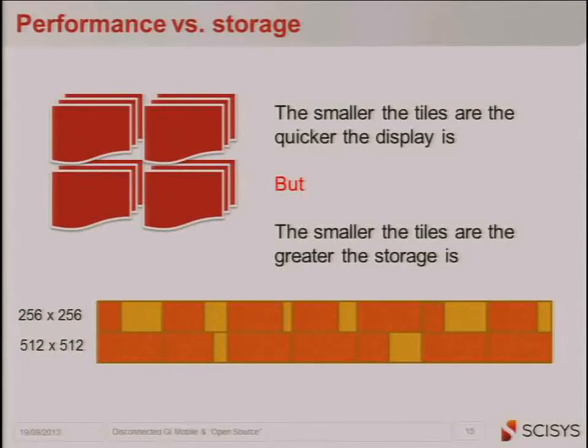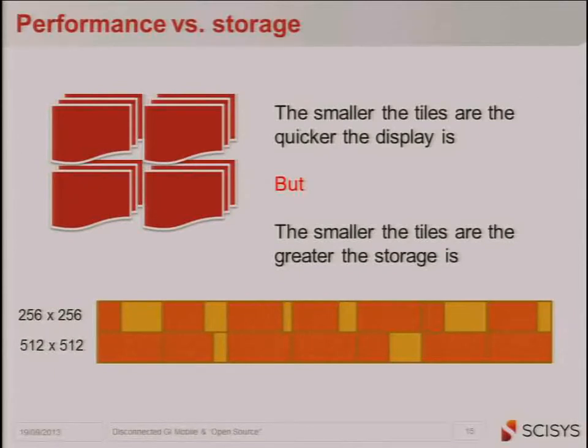Now there is a bit of a downside to it. Yes, the smaller the tile is, the quicker it is to provide the data, but the more space it takes on your hard disk, because at the end of the day, those little files will go under the threshold of the block size on your hard disk. So you need to be very mindful of performance versus storage space.